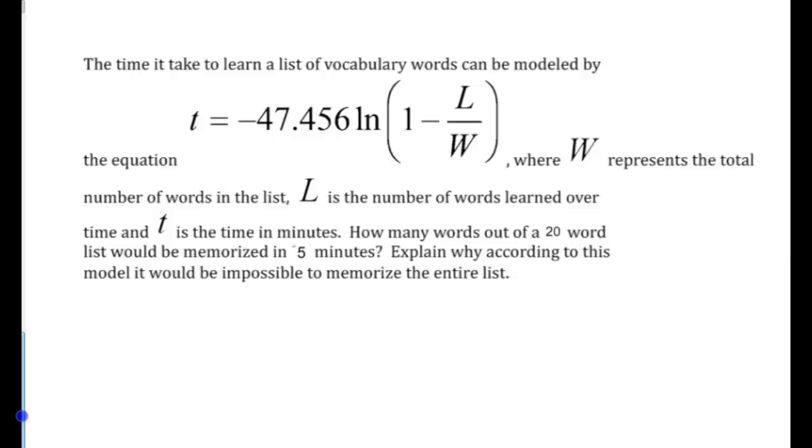L stands for the number of words learned over time, and T is the time in minutes. So W is how many total words are in the list, L is how many words you've memorized, and T is how many minutes it takes to memorize those words, right?